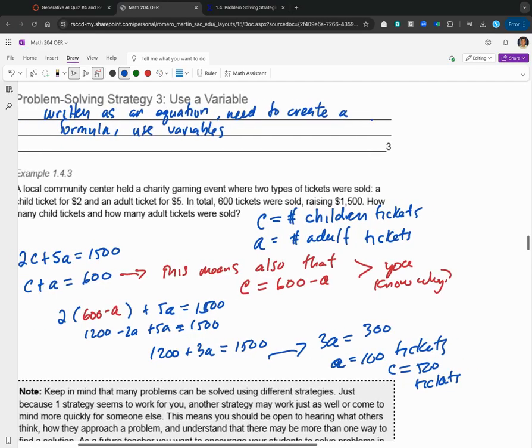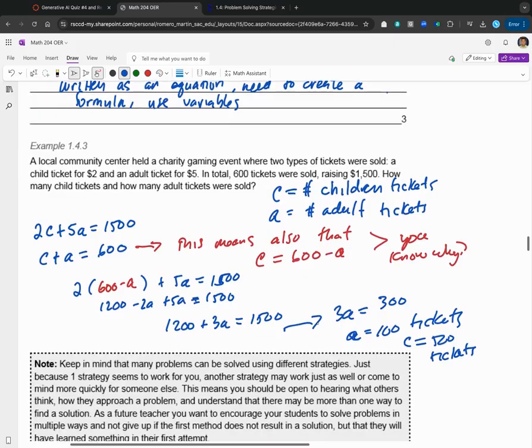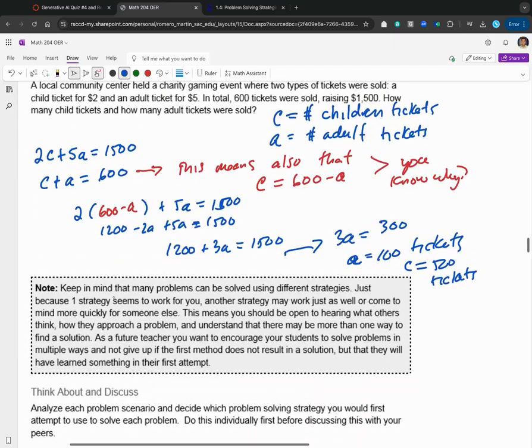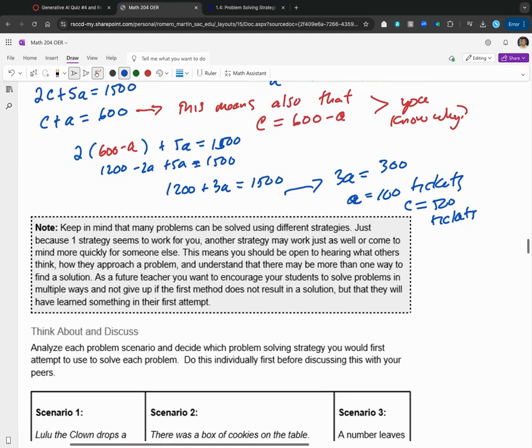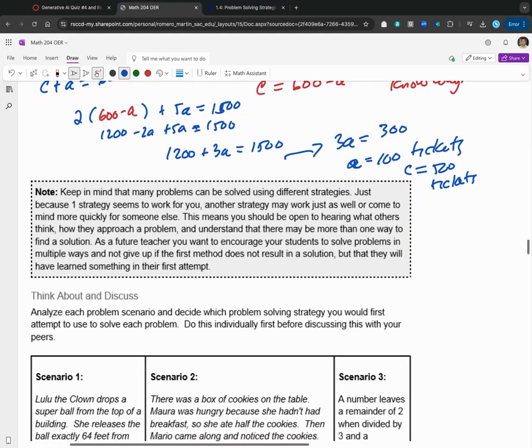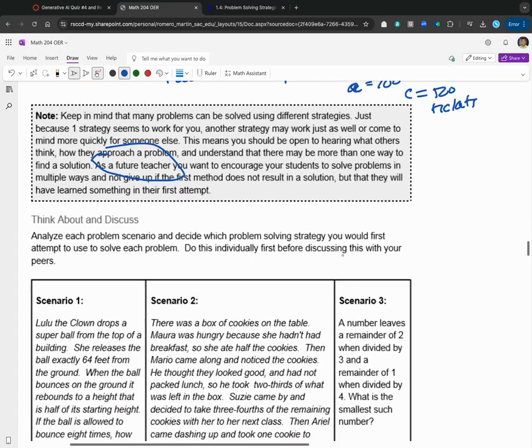And then you could have an organized list and try to keep track of it, and then see the patterns that emerge to help you solve the problem. So just keep that in mind. As I have a note here, problems are solved using different strategies. And just because one works for you, another may work well for someone else. And as a future teacher, that's an important recognition as you start to teach.